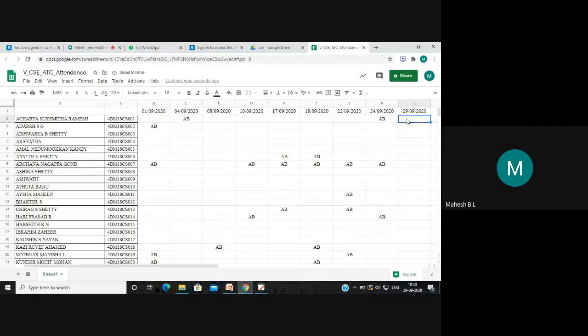Sushmita, present, sir. Adarsh, present, sir. Aishwarya, present, sir. Amal, present, sir. Anvit, present, sir. Ashika, present, sir.